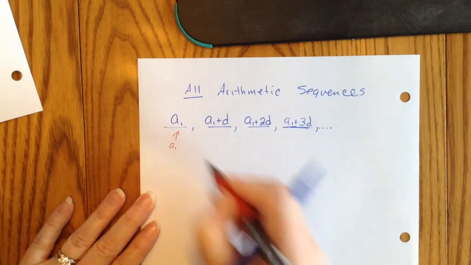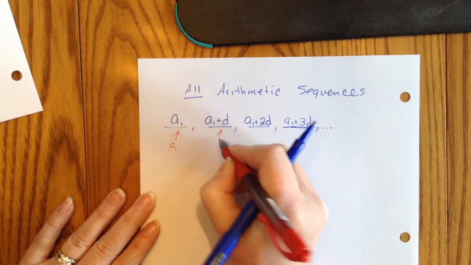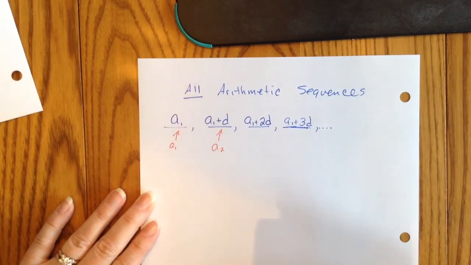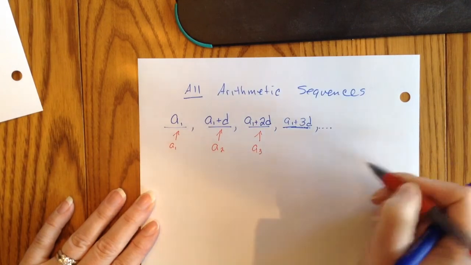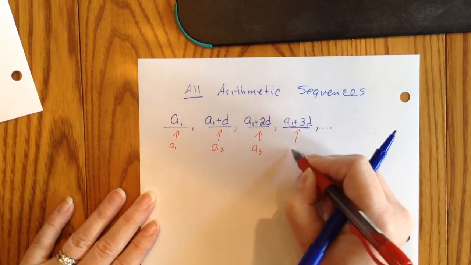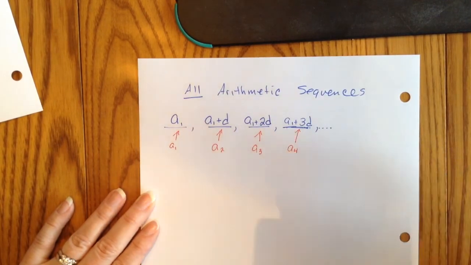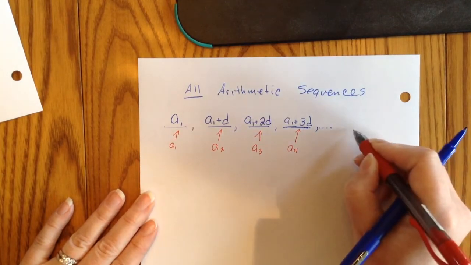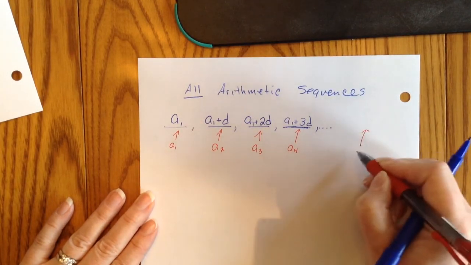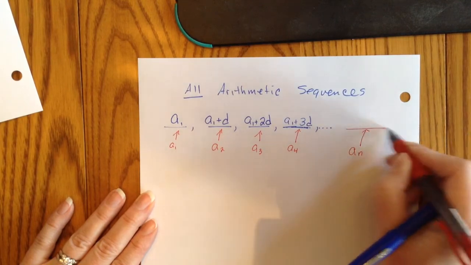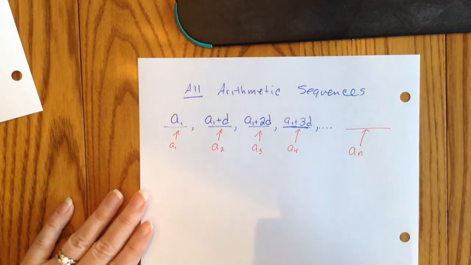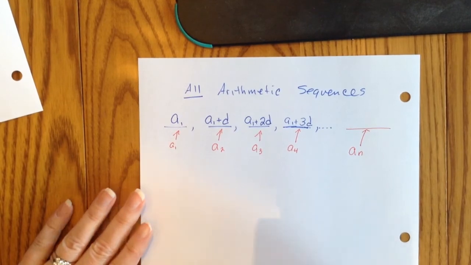This is the first term. This represents the second term. This represents the third term. And this represents the fourth term. Can we figure out a representation for the generic nth term? Well, there's a pattern.